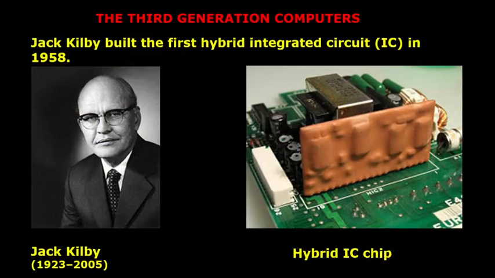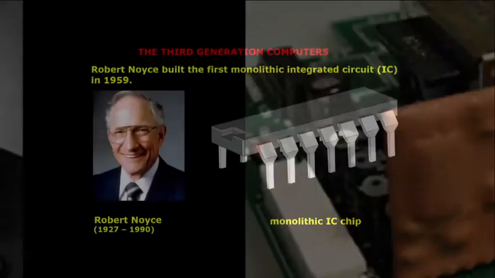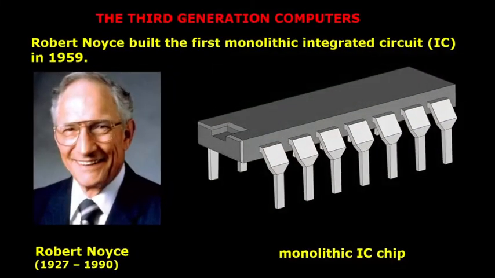Jack Kilby built the first hybrid integrated circuit, IC, in 1958, and this started the third generation of computers. Jack Kilby was born in 1923 and died in 2005. Robert Noyce built the first monolithic integrated circuit, IC, in 1959. He was born in 1927 and died in 1990.